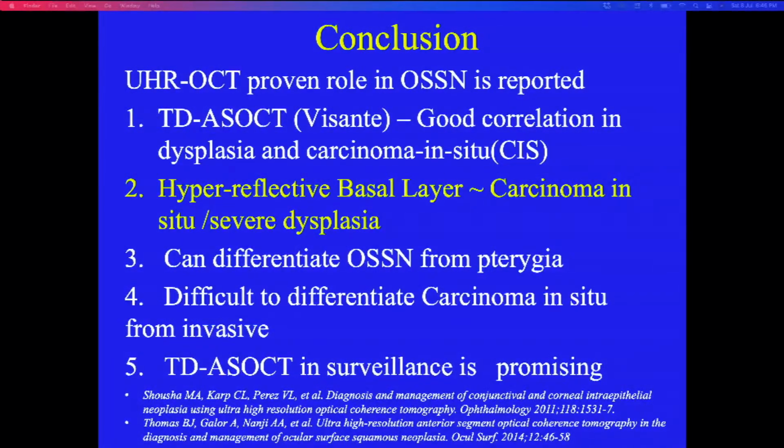We could definitely help differentiate it from non-malignant lesions, but differentiating between intraepithelial and invasive, which is what we set out to do as the primary objective, didn't look like something you could do, at least with the time domain ASOCT that we had. And there was definitely some role in immune surveillance, because when you treat them, you tend to know what change is happening, and it helps you treat patients over a period of time.